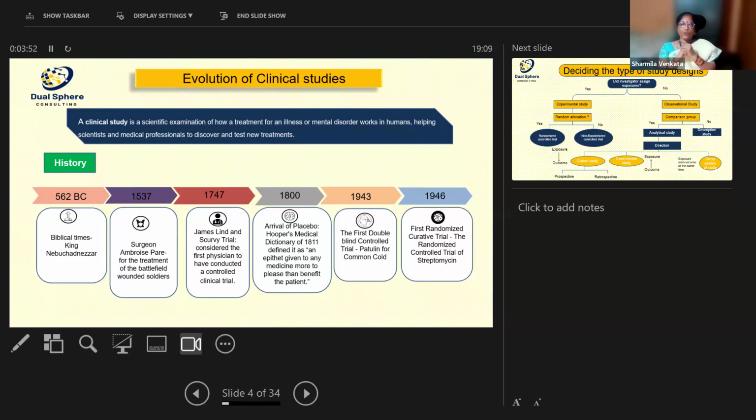He was treating soldiers' wounds with boiling oil, the standard practice. But when he ran out, he used a gentler ointment of egg yolk, oil of roses, and turpentine. To his surprise, the soldiers treated with the ointment recovered better. So this was the accidental comparative trial.